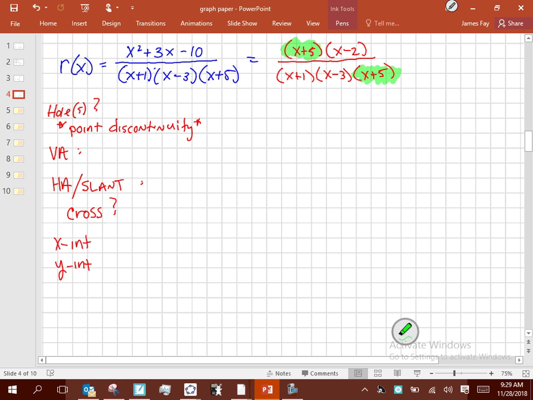Common factor, right? X plus 5 over x plus 5. That's a common factor. When we compare them through division, you get 1, right? So they don't really impact the graph at all. Whatever x is, that's a factor of 1.